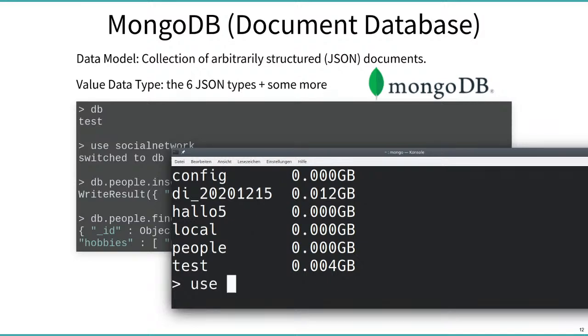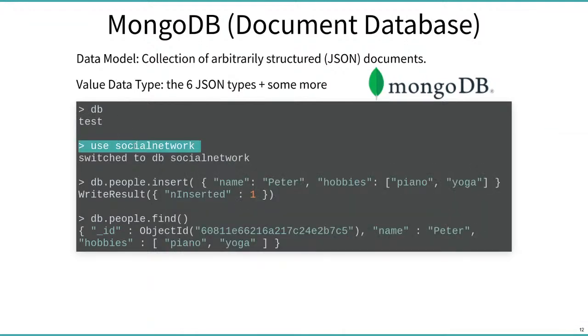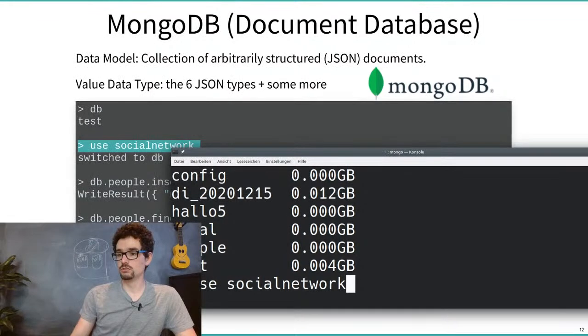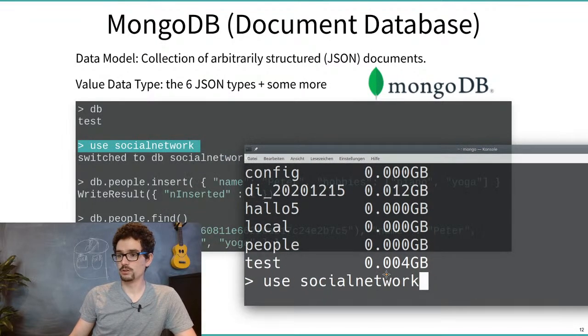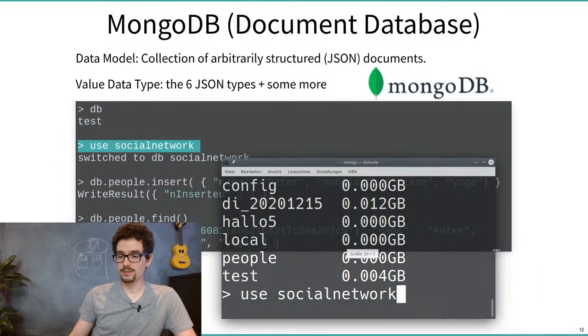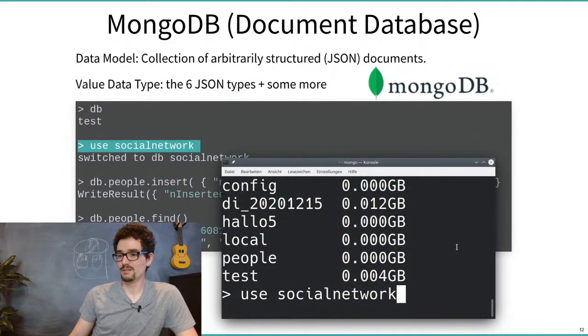Use social network. From other databases you would now expect an error: there is no social network database, not found. In MongoDB there is no not found error. If something is not there, we simply continue as if it were there.